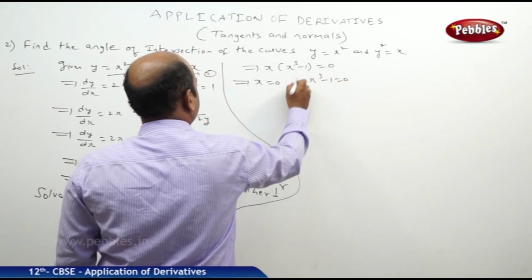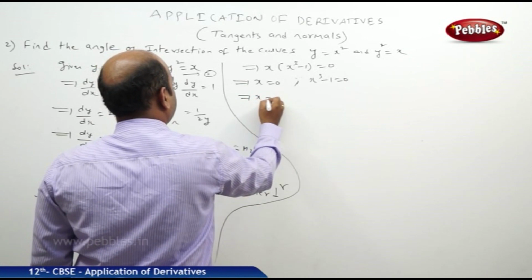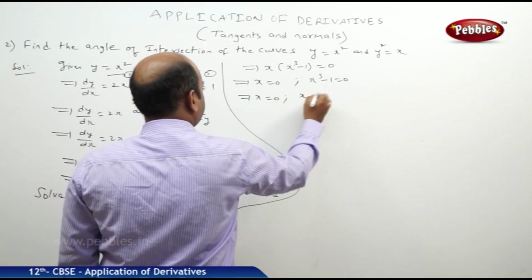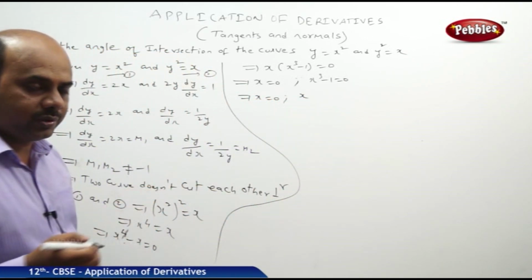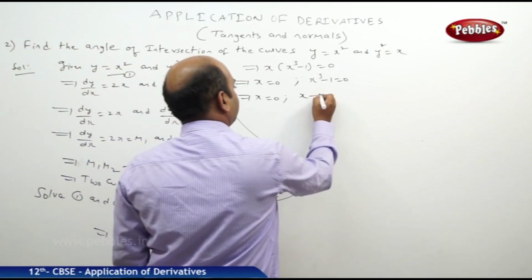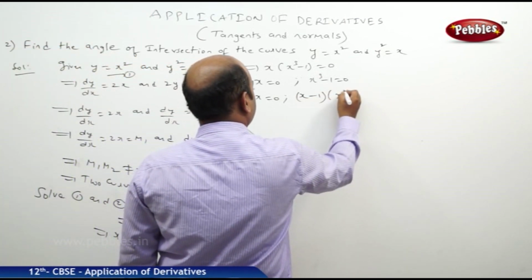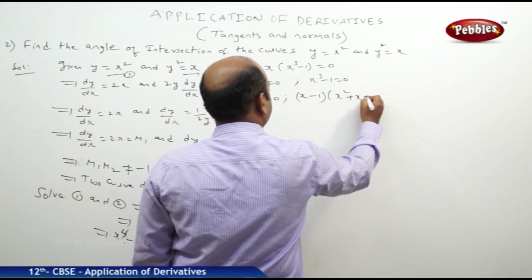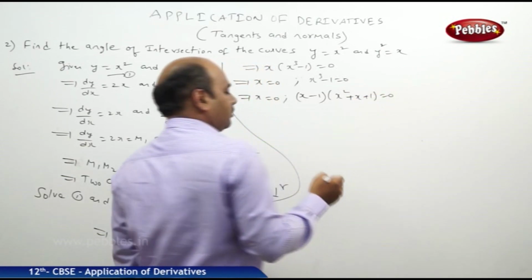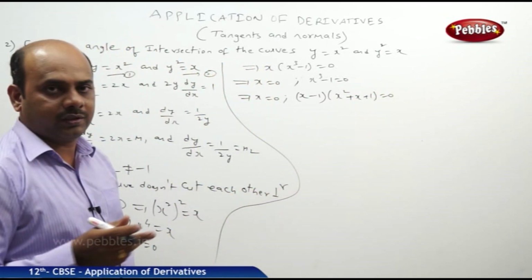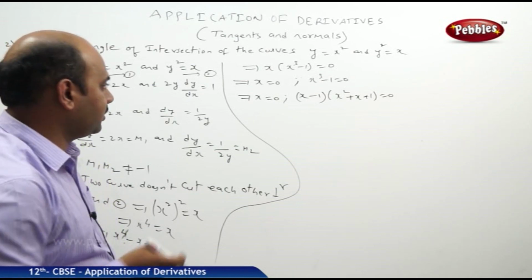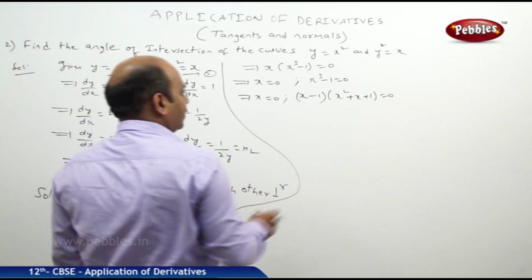So x is equal to 0. And x cube minus 1 is like a cube minus b cube, so I will use the formula: a minus b into a square plus ab plus b square, so x minus 1 into x square plus x plus 1 equal to 0. If you want, you can verify also.